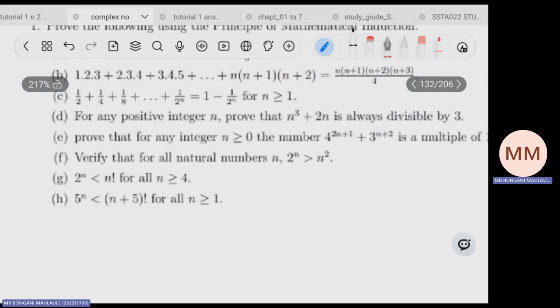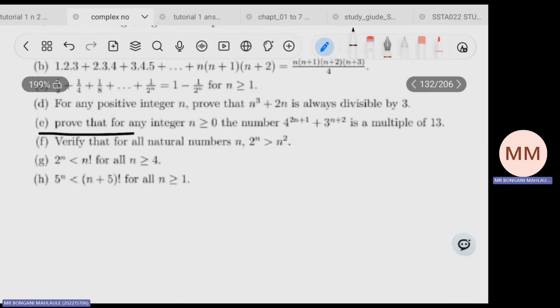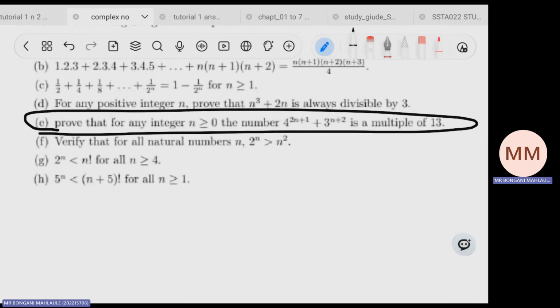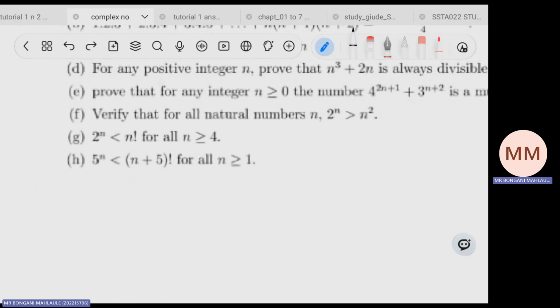So I actually wanted the ones that have factorial, so I'm going to skip this one. The multiple of 13, you'll try that one only. Or maybe let me do it.